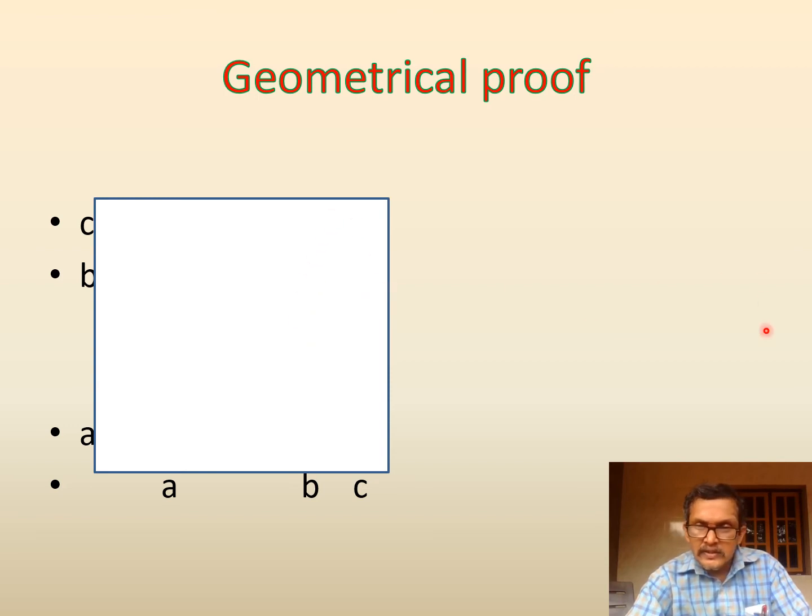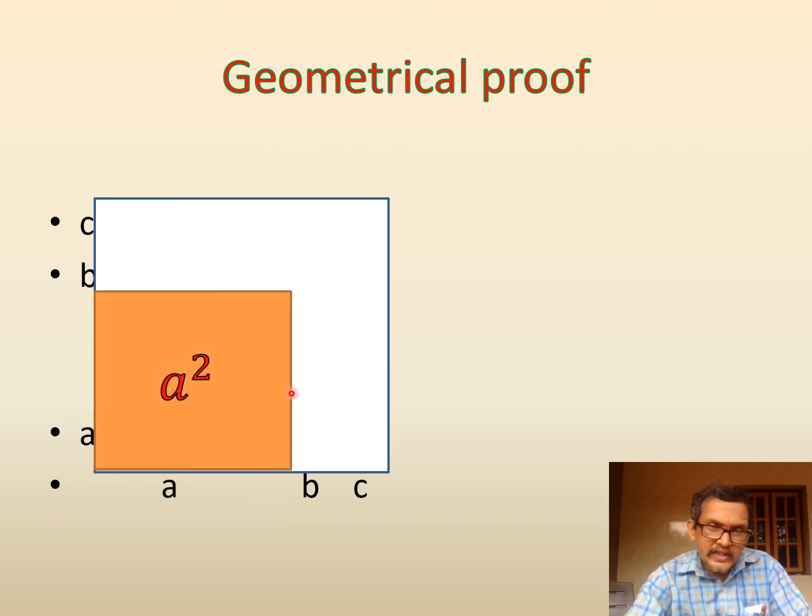Let us see. Now this side is A, this side is A. You will get A squared; the area of this is A squared. Now this is B, this is A, so the area of this rectangle is AB.